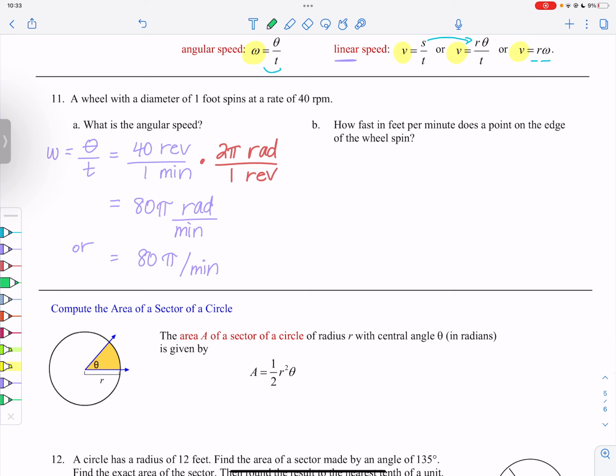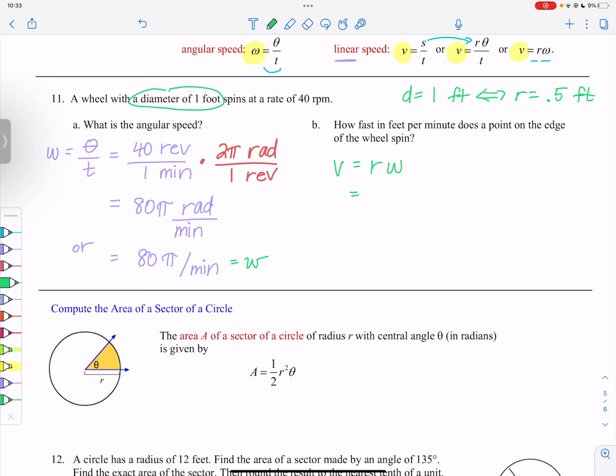So we have V equals R times W, since we have W here. So that radius we would use, if the diameter is 1 foot, that means the radius is 0.5 feet, or you could put a half, okay?